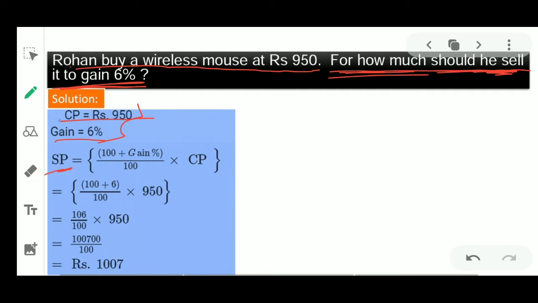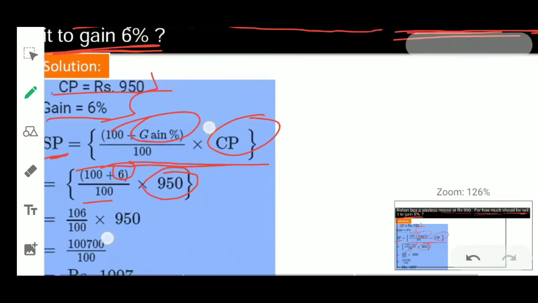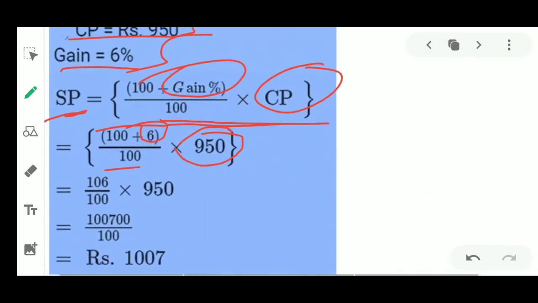So the formula of selling price is (100 plus gain percent) by 100 multiplied by CP. Now put the value of gain percent and CP in the formula. This will become (100 plus 6) by 100 multiplied by 950, that is cost price. So this will become 106 by 100 multiplied by 950.